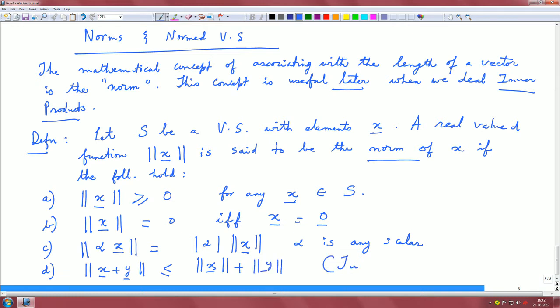This is the triangle inequality that we know for vectors, and to prove this you can invoke the Pythagorean theorem. This is length x, length y, this is length x plus y.